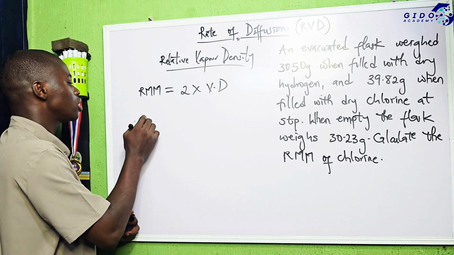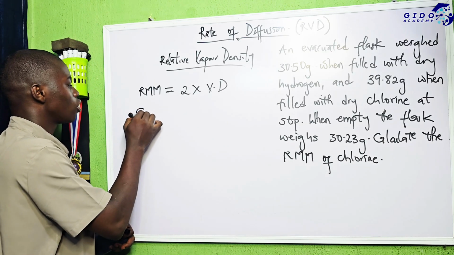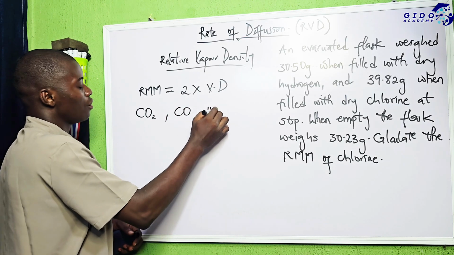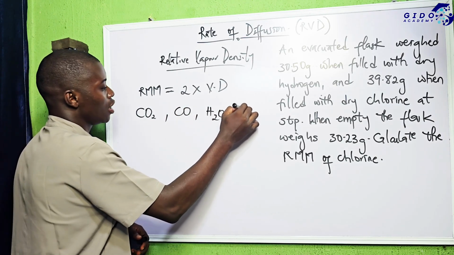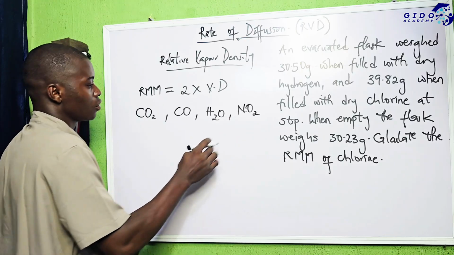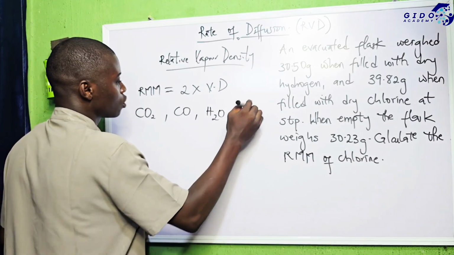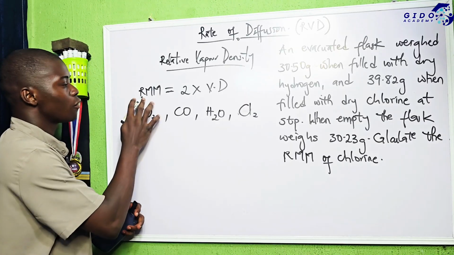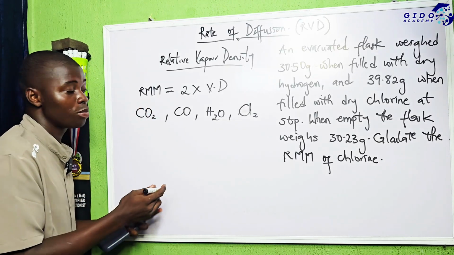If they ask you what is the vapor density for the following compound, we have CO2, we have CO, we have H2O, and we have NO2. Or let me remove this and put chlorine here. So what you do here is that let's solve for we know the relative molecular mass, it becomes easier.